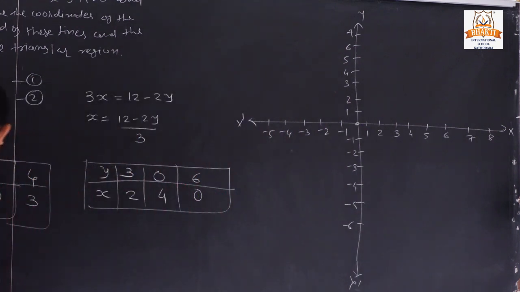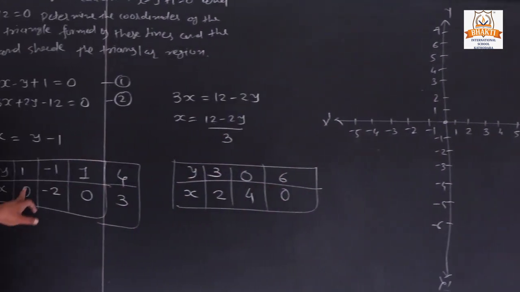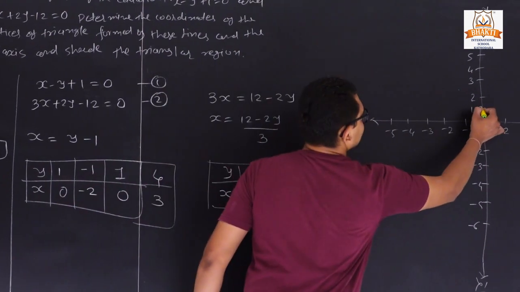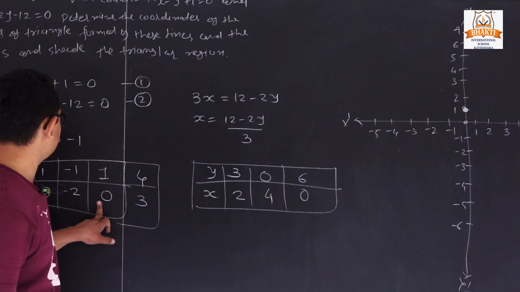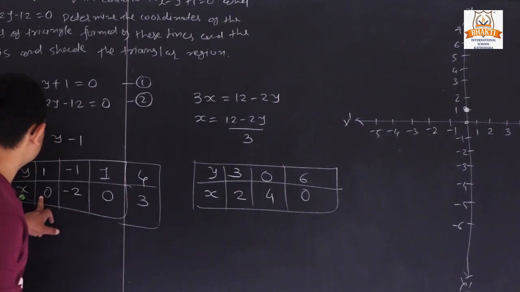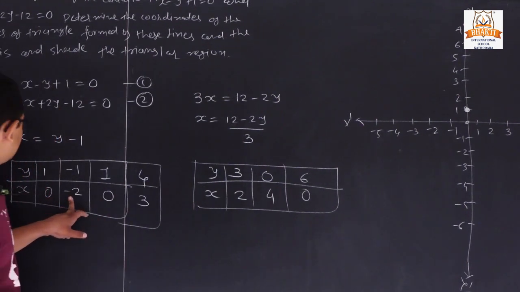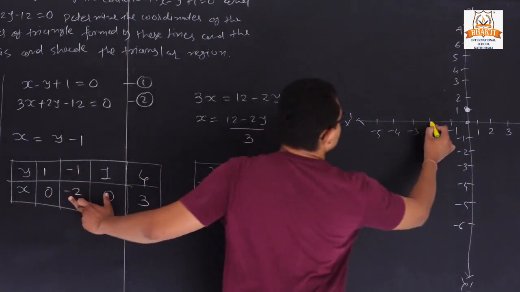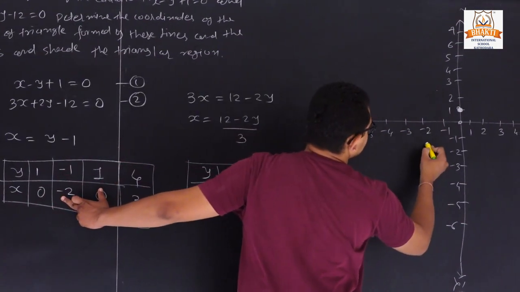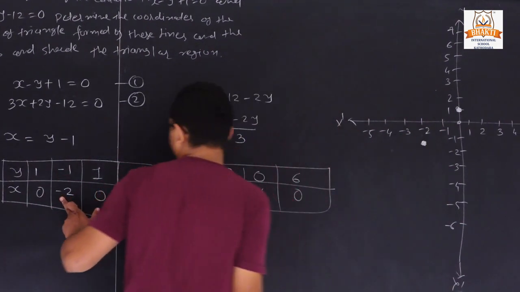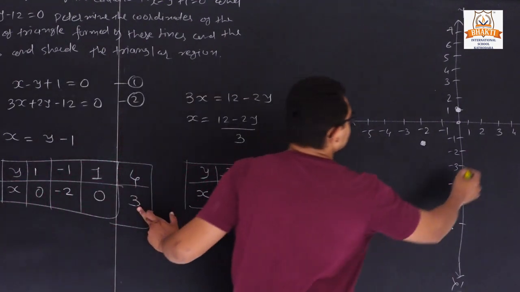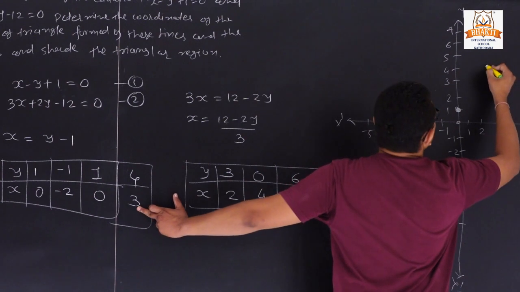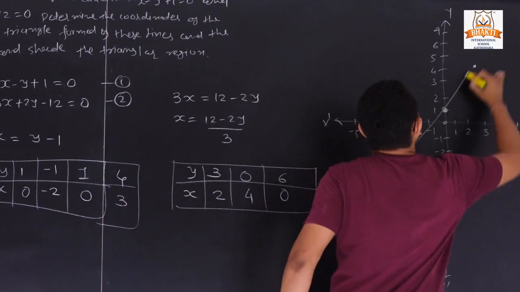So first x is 0, then y is 1. So it is here. Then x is 0, then y, 0 and minus 1. Minus 2, minus 1. So it is here. Then x is 4 and y is equal to 3. So our graph is like that.